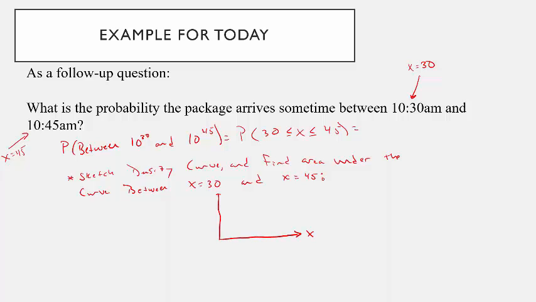So x possible values are 0 and 60, and then the density curve was 1 over 60. So you want to be between 30, and then here's 45.